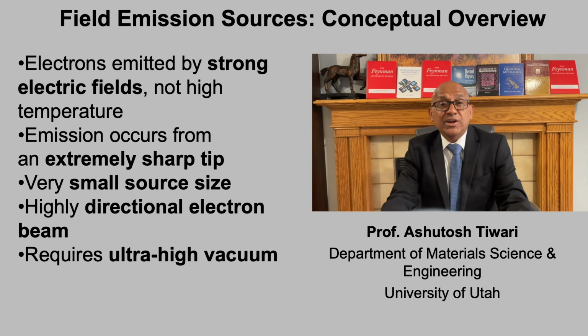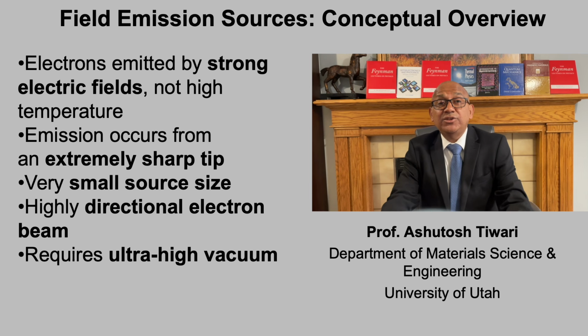In field emission, electrons are extracted from an extremely sharp tip, where the local electric field becomes very large. Because emission occurs from such a small region, the effective source size is very small, and the resulting electron beam is highly directional. These characteristics lead to very high brightness and excellent beam coherence.